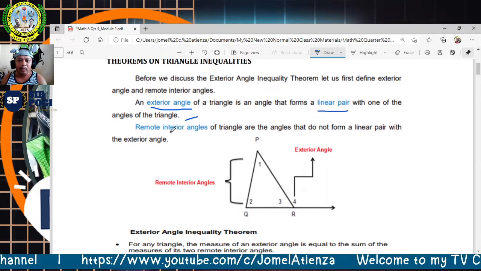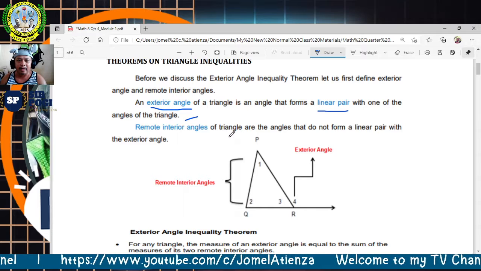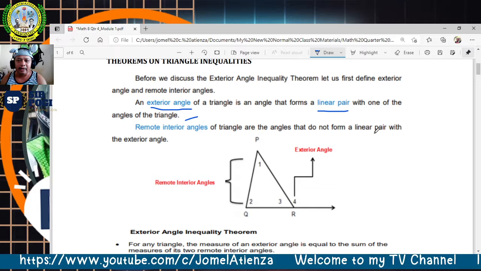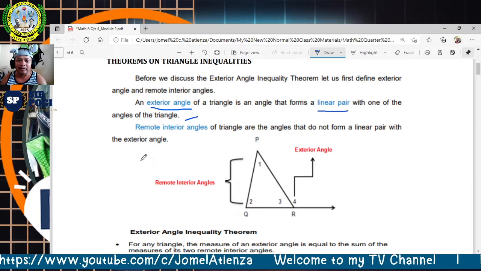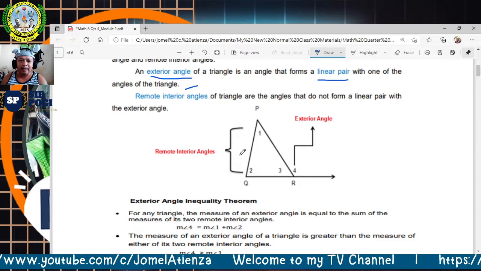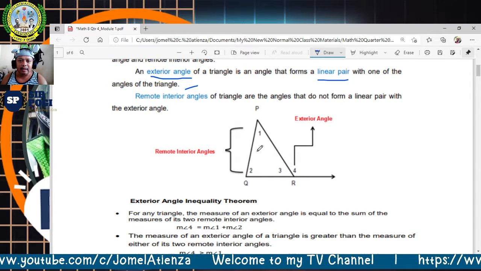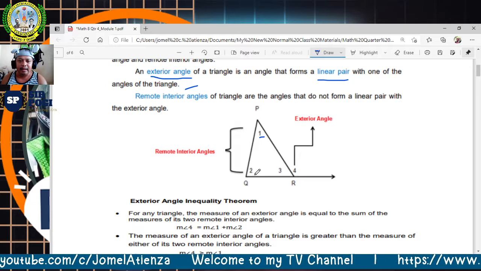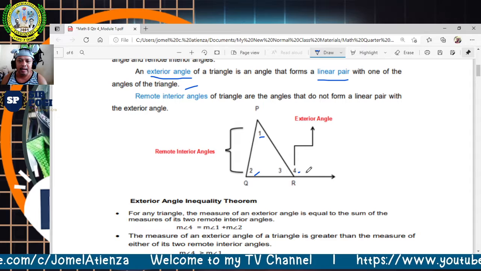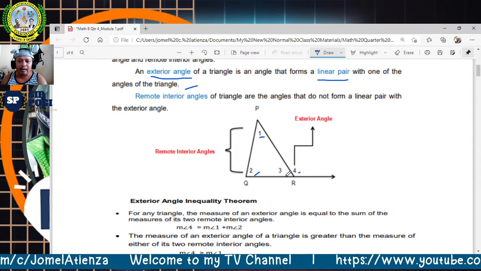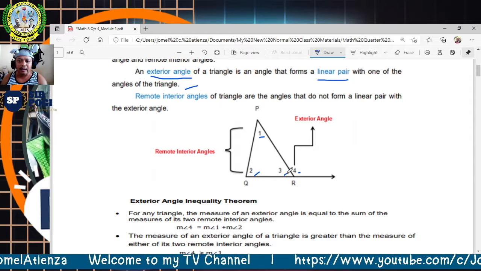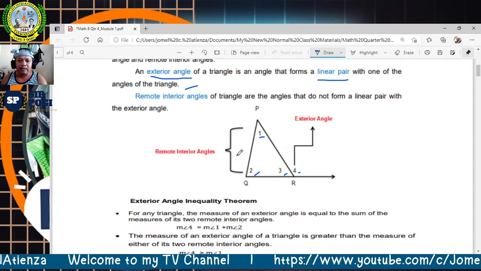Remote interior angles of a triangle are the angles that do not form a linear pair with the exterior angle. As you can see in our illustration, the remote interior angles are angle 1 and angle 2. The exterior angle is angle 4, which is a linear pair to angle 3, which is part of the triangle.